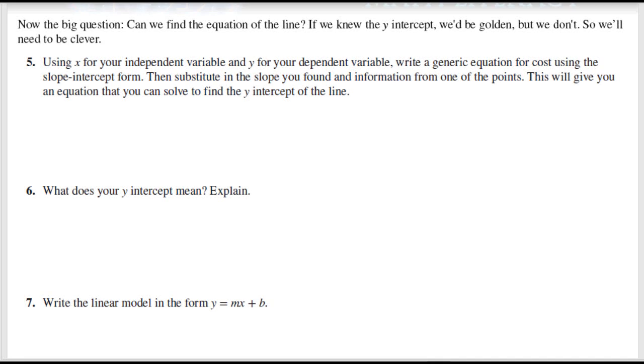Now that we have a slope, you might have figured, well, maybe we can find the y-intercept. So there's a possibility that we could. So hopefully you thought about a way to find the y-intercept. There are a lot of different ways that people have found the y-intercept for this problem.